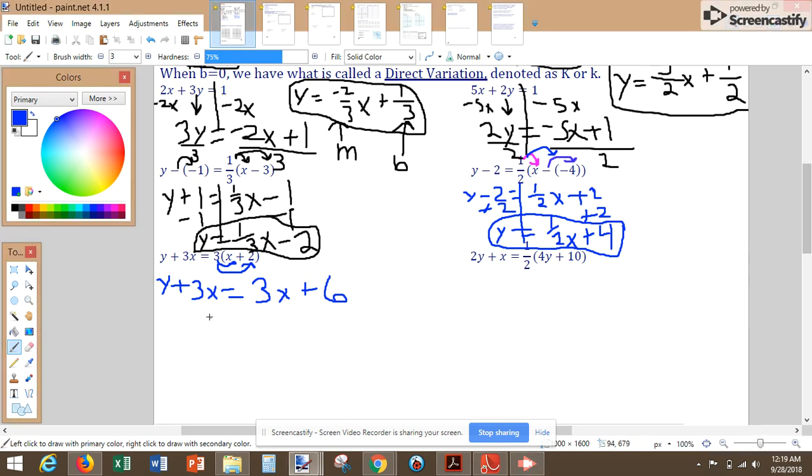From there, you're going to subtract 3x from both sides of the equal sign. 3x minus 3x is 0. Carry down that y. We have y equals 6. This is a horizontal line. And remember, horizontal lines have a slope of 0.